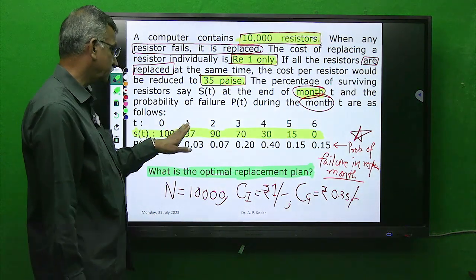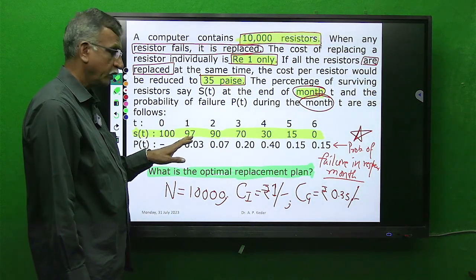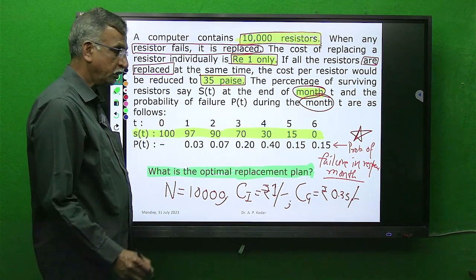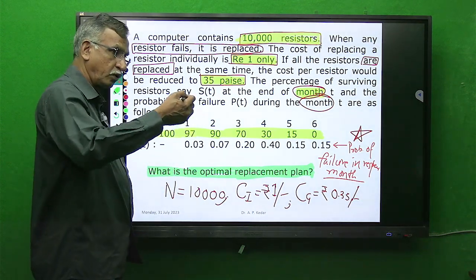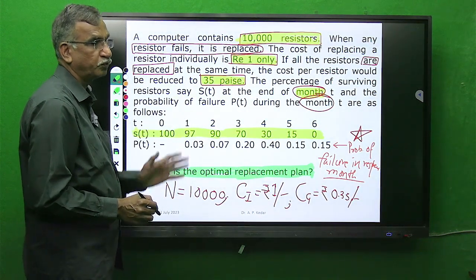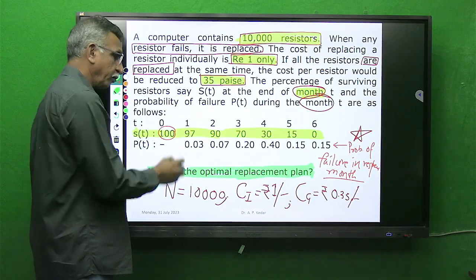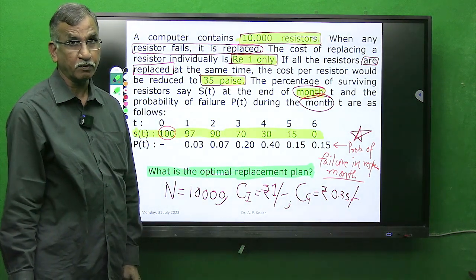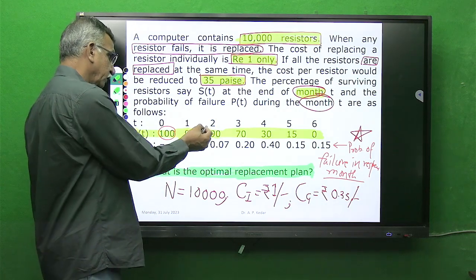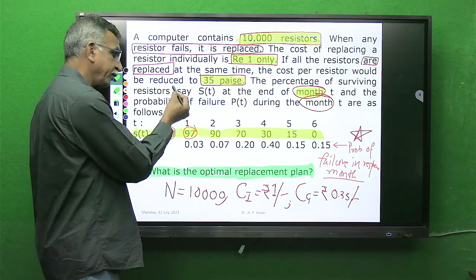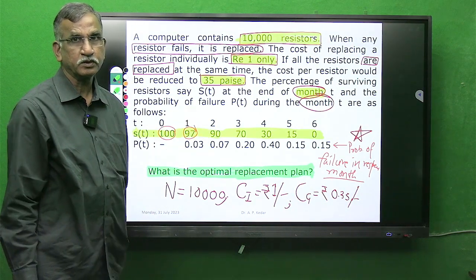So let us start with month 1. From the 0th month to the 1st month, at the 0th moment the probability of survival was 100. At the end of the first period, the probability of survival is 97.